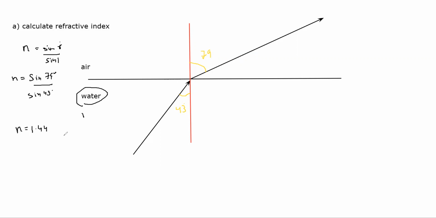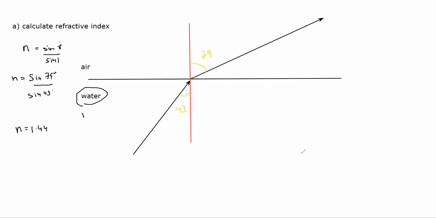That's the refractive index because it was moving from high density to low density.